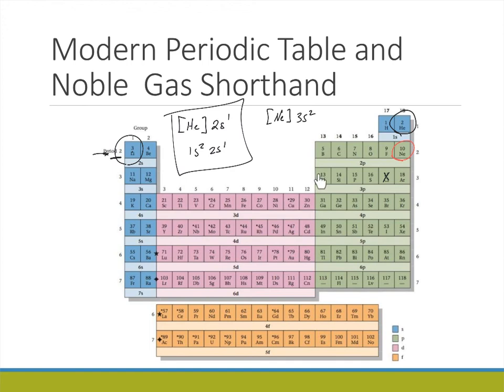Then 3p1, p2, p3, p4, p5. 3p5. That's a little bit faster than 1s2, 2s2, 2p6, 3s2, 3p5. It really becomes important when we do something like, oh, I don't know, iodine.